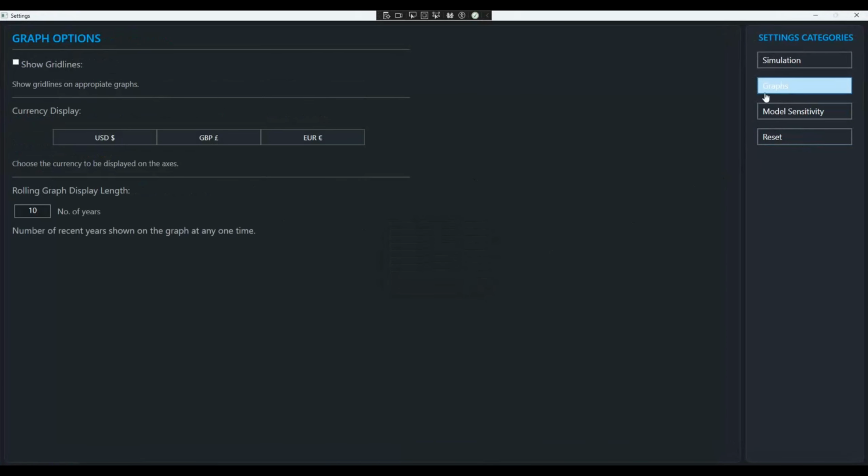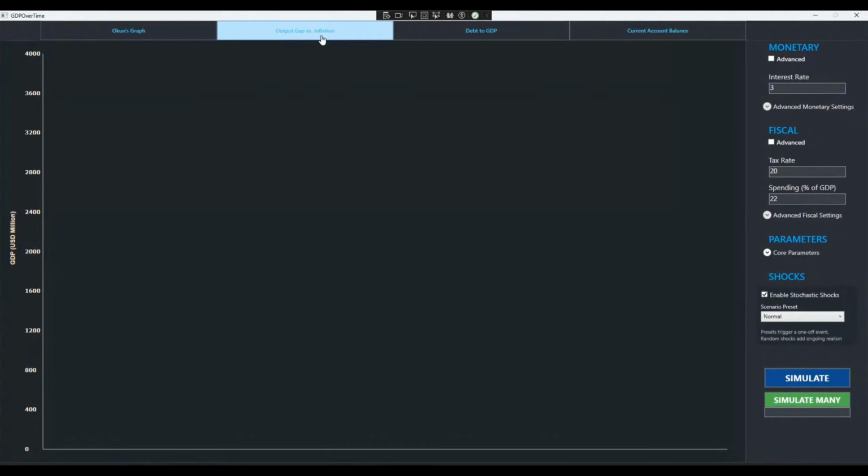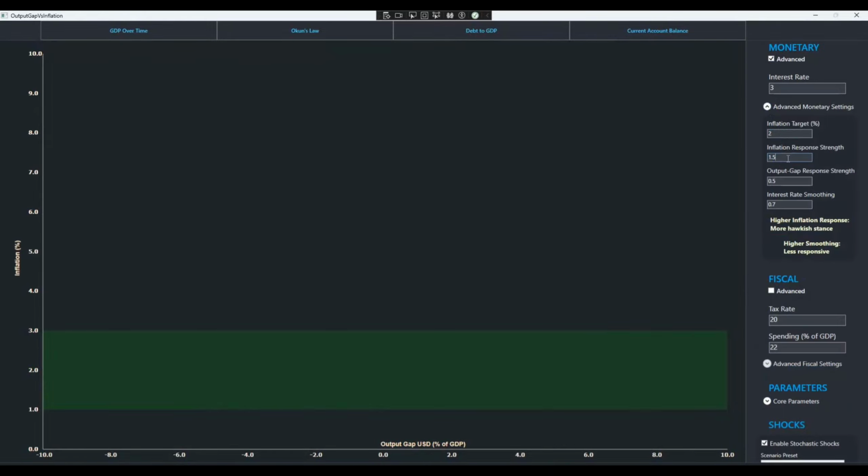For safekeeping of results, a rolling graph display length of 10. So change it to output gap versus inflation. And we can simulate 30 years with a current inflation response strength of 1.5. We'll change that to 1.8 for this test.